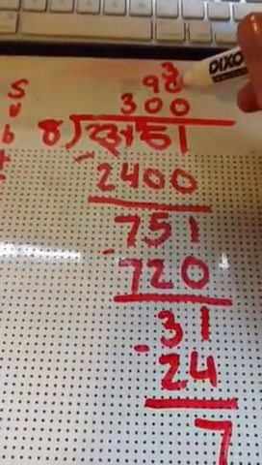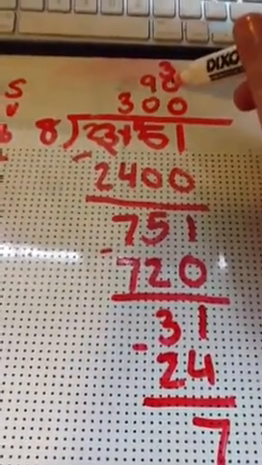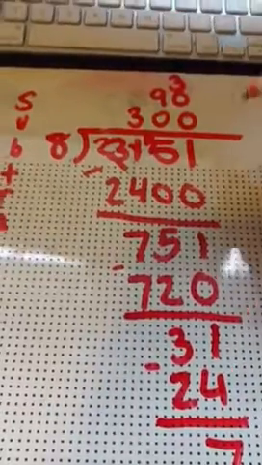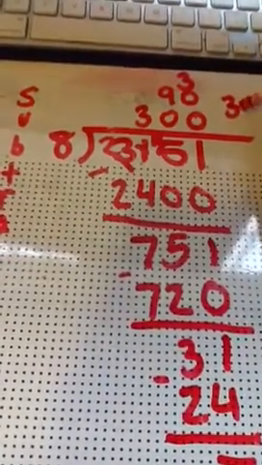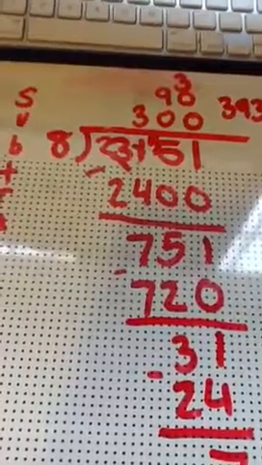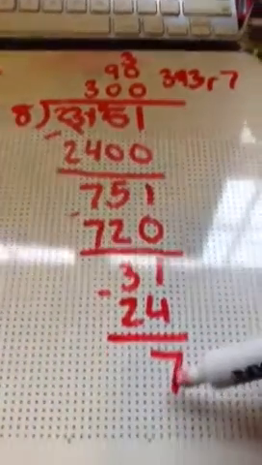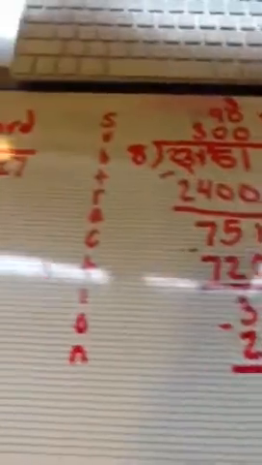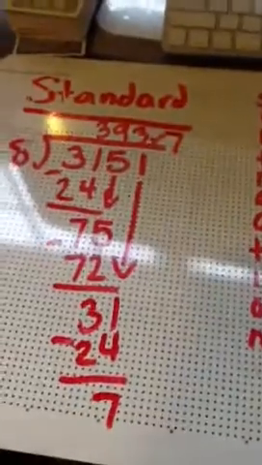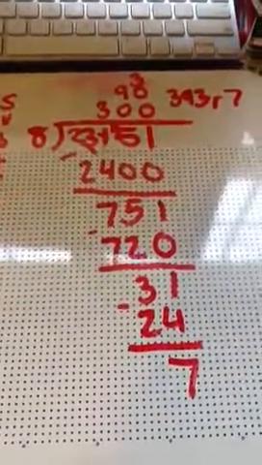So we have 300 plus 90 is 390, and then 390 plus that 3 is 393, and then remember we have our remainder down here, which is 7. So our final answer is, no matter how you do it, 393, remainder 7.